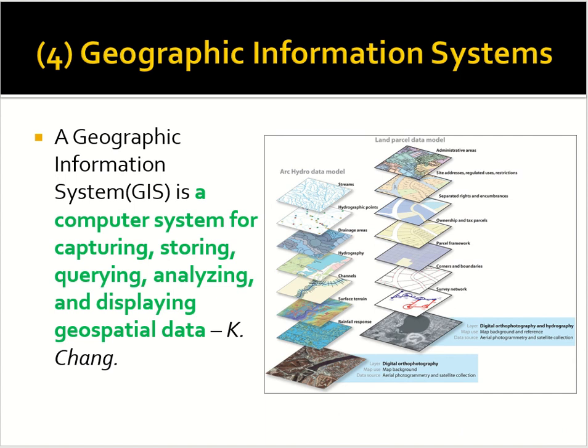So then a GIS, a Geographic Information System. This is a computer system for capturing, storing, querying, analyzing, and displaying geospatial data. So in terms of these words, querying might be one that you're not familiar with.